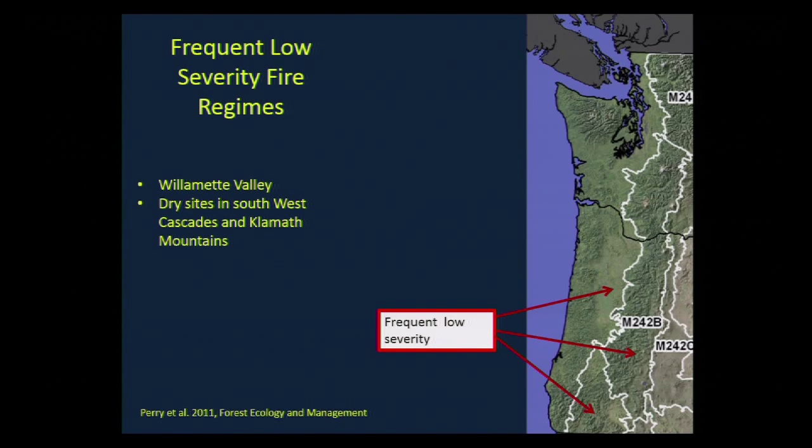So we do in fact have the frequent low severity fire regime expressed in West Side forests. I know that's hard to believe for some people, but we do have it. It's most common in the Willamette Valley and in the kind of southern end of the West Cascades here, and then also in the Klamath Mountains.